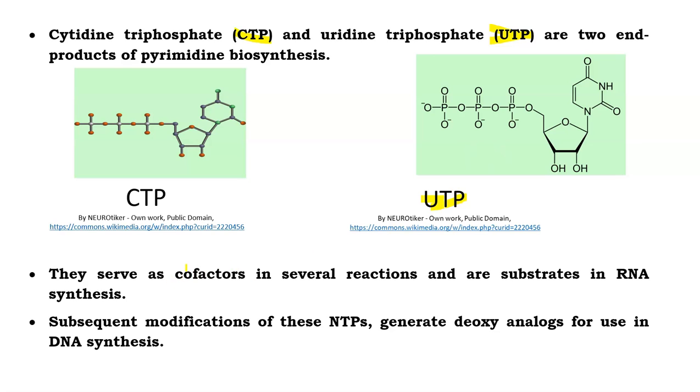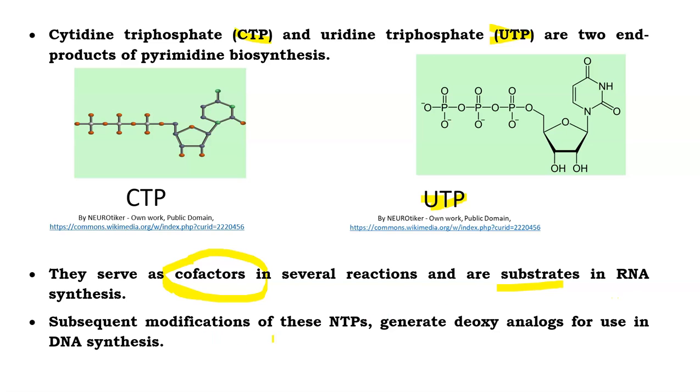Why are they important? CTP and UTP serve as cofactors in several reactions, and they also act as substrates in RNA synthesis. RNA, you know, is made of adenine, ATP, GTP, CTP and UTP. They have to be synthesized as they are raw materials for the synthesis of RNA.